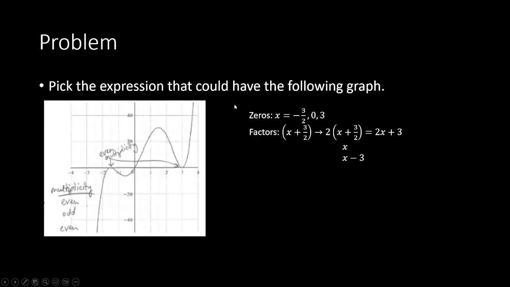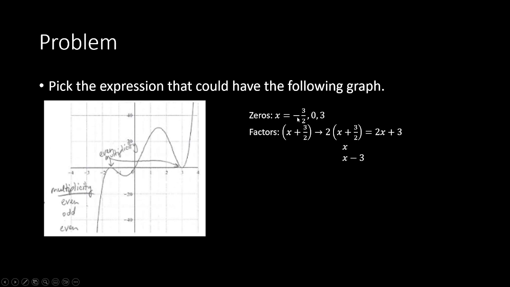Now it says pick the expression that matches the following graph. So I look at this graph and I look at where my zeros are. I have a zero right here between -1 and -2, about -1.5. I have one at 0, and I have one at 3. That's 1, 2, 3, minimum, so 3 zeros.